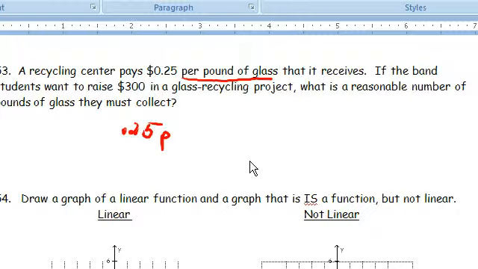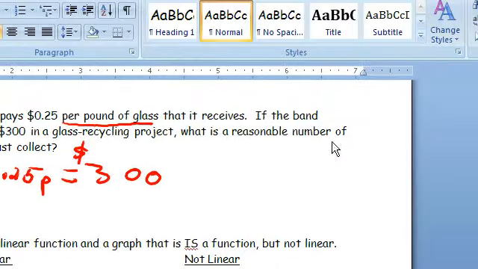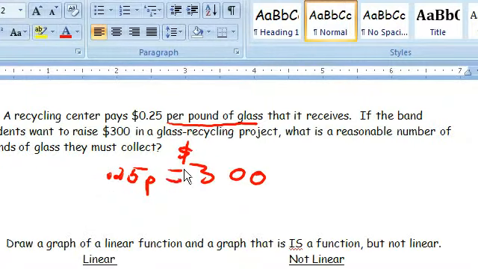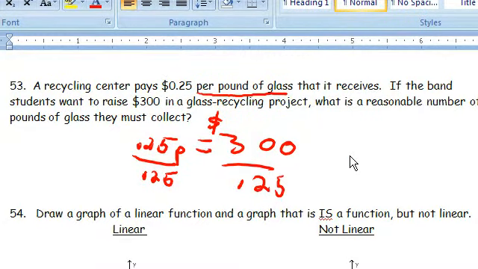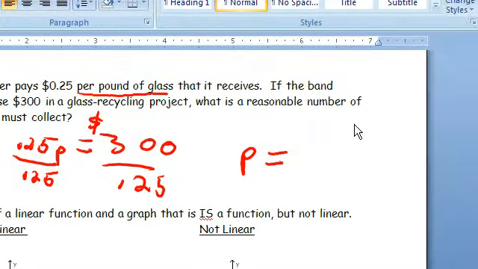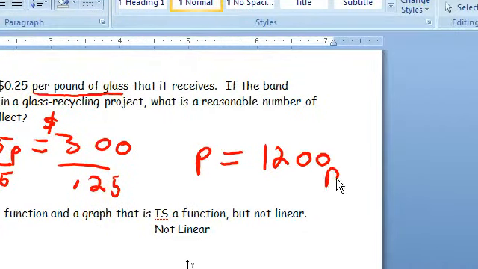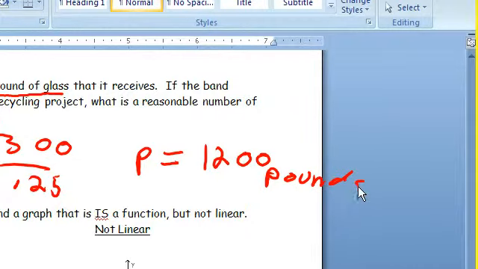If the band students want to raise $300 in a recycling project, what's a reasonable number of pounds of glass they must collect? Well, I'll just divide each side by 0.25 to give me P, which equals 1,200 pounds of glass.